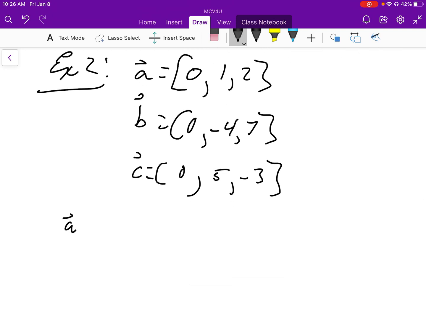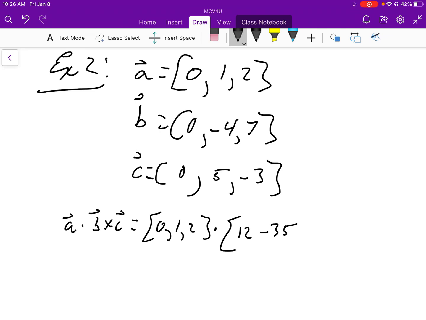Okay, so the scalar triple, A dot B cross C. A is 0, 1, 2, dot that with the cross product. So here's a cross product, right? -4 times -3 is 12 minus the 35. Jump over, looks like these end up being 0 and 0, right?